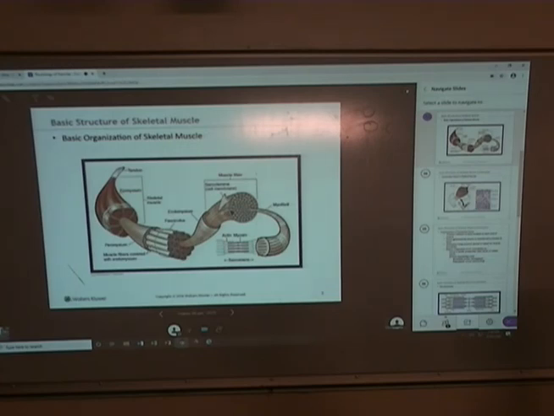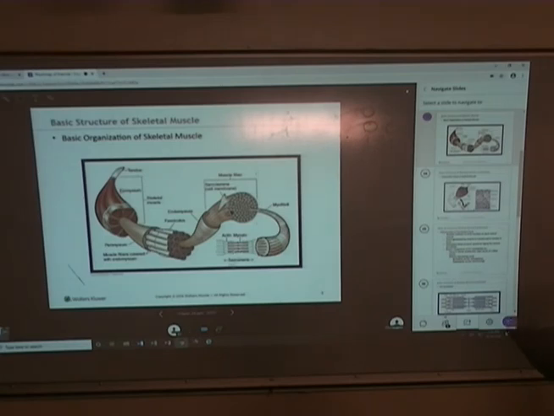Okay? The muscle fiber is made up of myofibrils, and that's where we get our 2 proteins, our actin and our myosin. And they're going to play a big role in what we're looking at, because they're the point at which we use our ATP and we see muscle contraction occur.